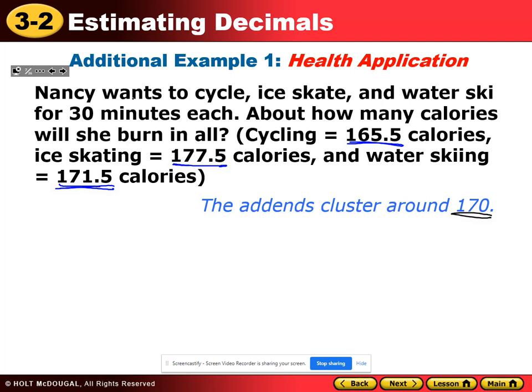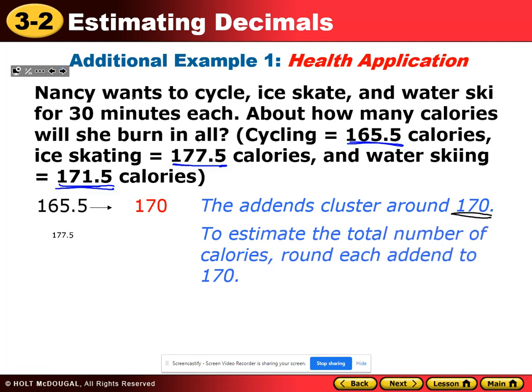So we're going to do some estimation and say, 165, we'll call it 170. The 177.75, we'll call it 170. And 171.5, we'll call it 170.